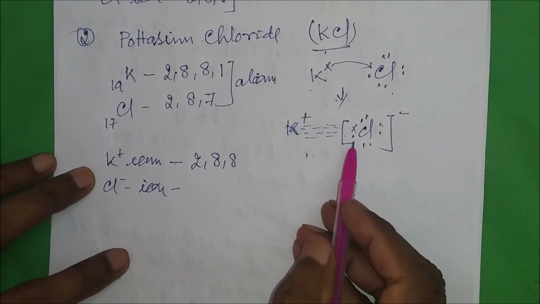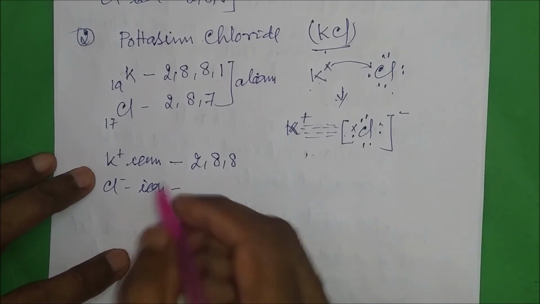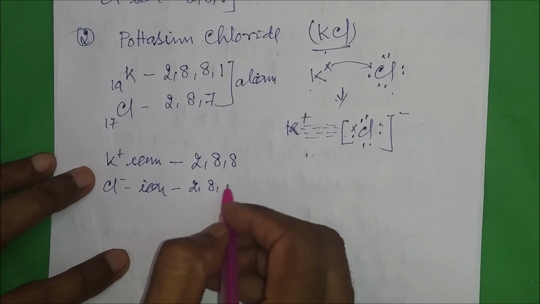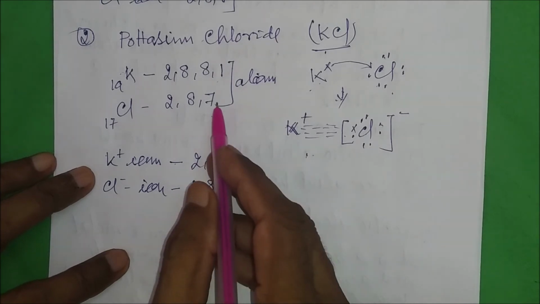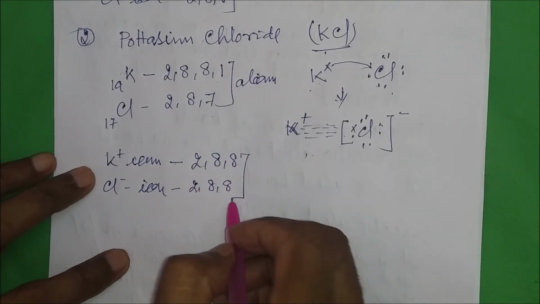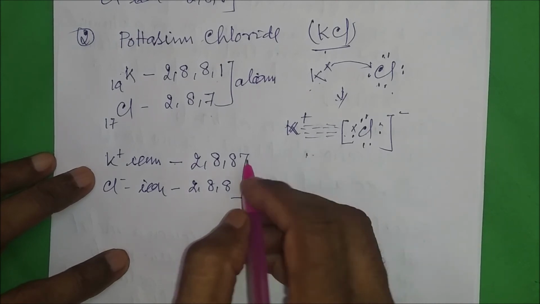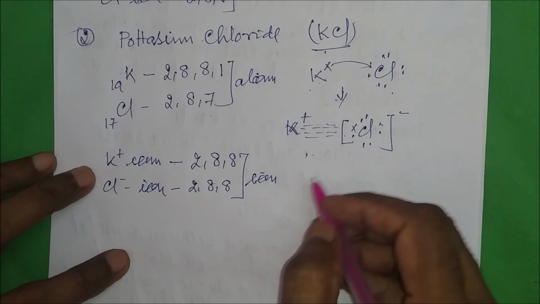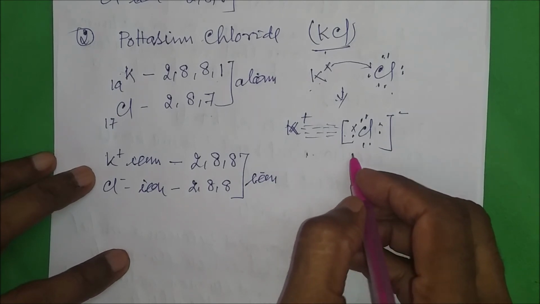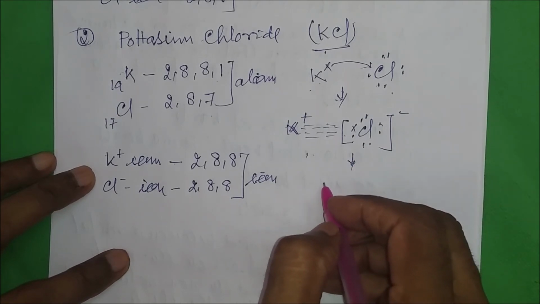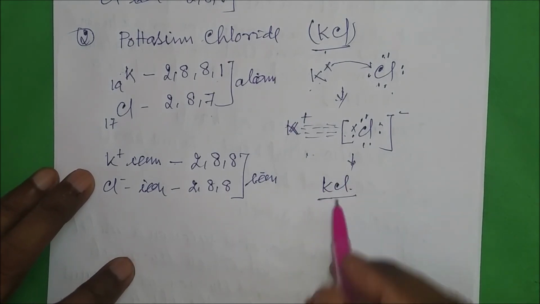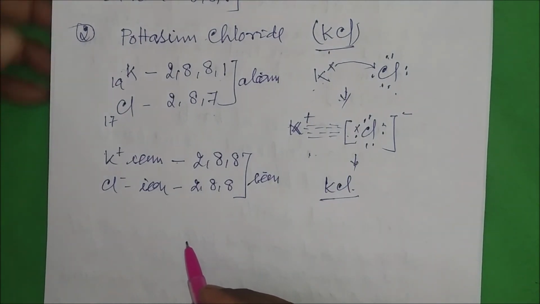Because one electron has already been accepted, gained. So it will be 2, 8 and 8. Here it was 7, and one gain is there. So these are cations and anions. Here the formula comes out as KCl. So potassium chloride is written in that way.